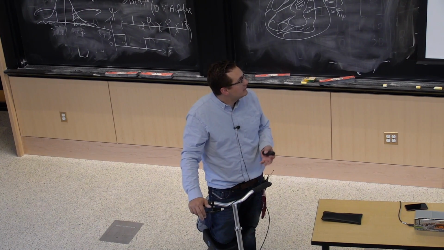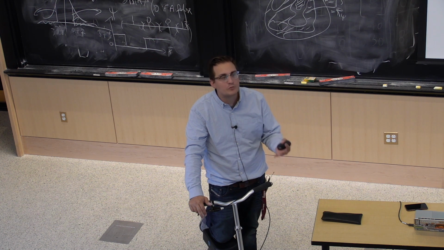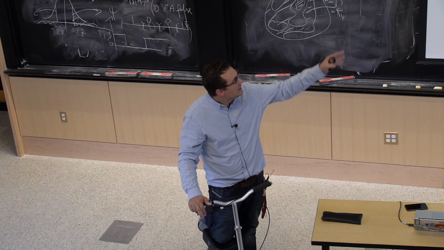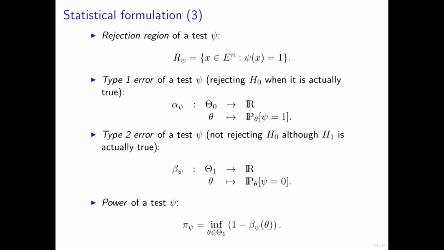So the type 1 error is the one that says, if it is actually the status quo, but I claim that there's a discovery, if it's actually H0, but I claim that I'm in H1, then I commit a type 1 error. Okay? And so the probability of type 1 error is this function alpha of psi, which is just the probability of saying that psi is equal to 1 when theta is in H0.